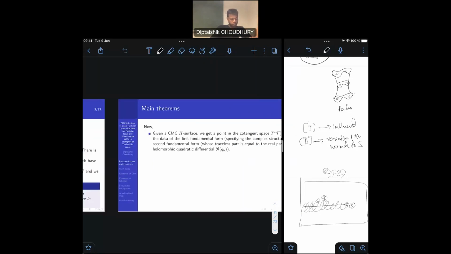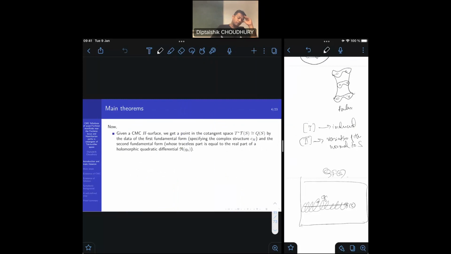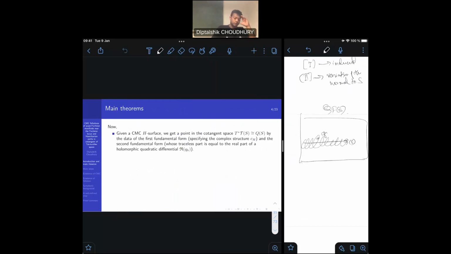Proving this would be the first part. In the second part, if you are given the CMC-H surfaces inside this quasi-Fuchsian manifold, you can define a point in the cotangent space to a Teichmuller space. Points in the cotangent space to a Teichmuller space typically look like a conformal class and a quadratic differential defined on the conformal class, or a complex structure, which is equivalent for a surface.